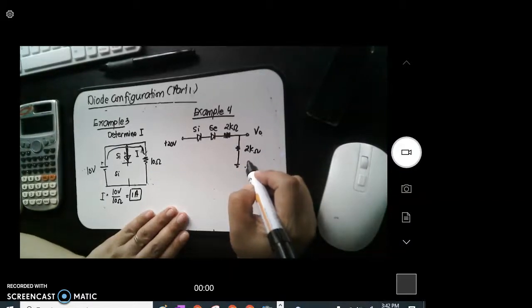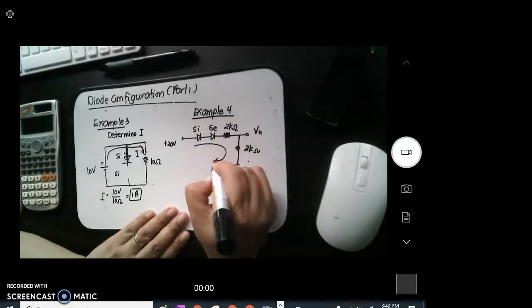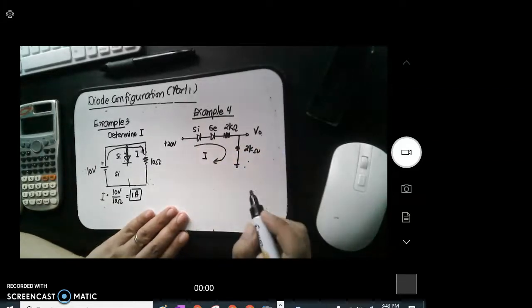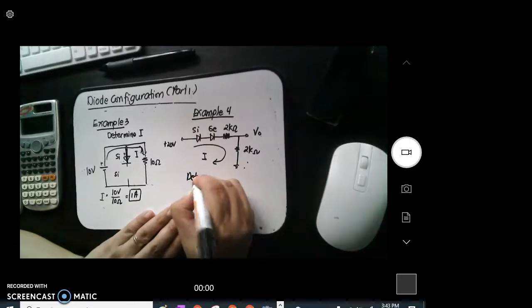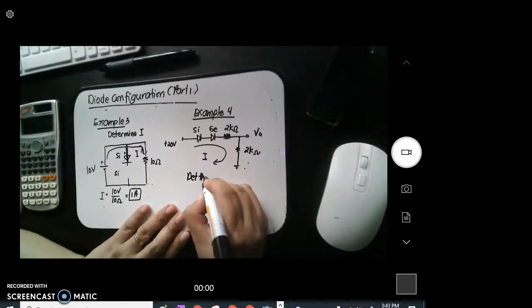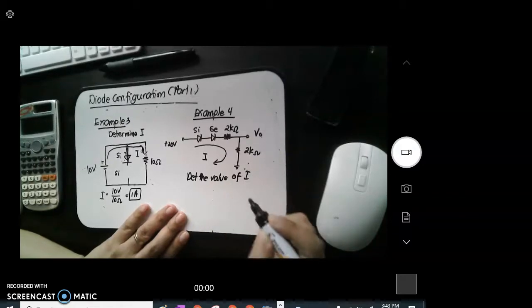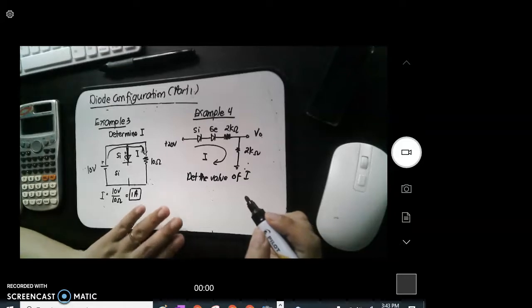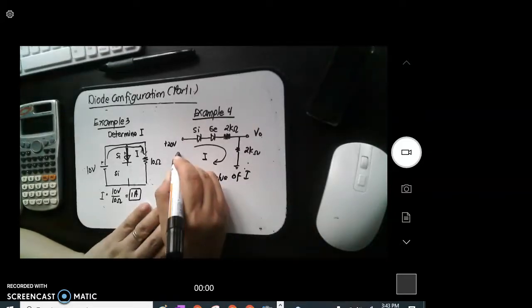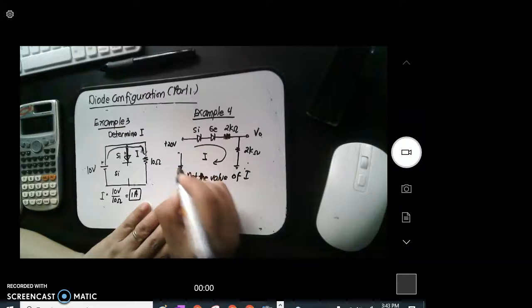So, here, we are also asked to find the value of your current. So, determine the value of I. That is now the requirement for this problem. If we're going to look at the circuit, it is understood that the negative is located at the ground.